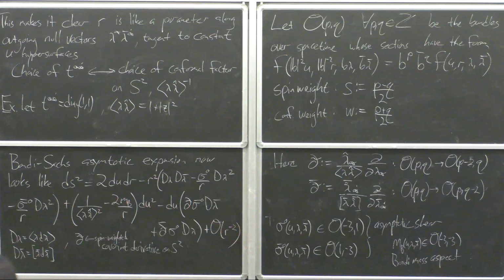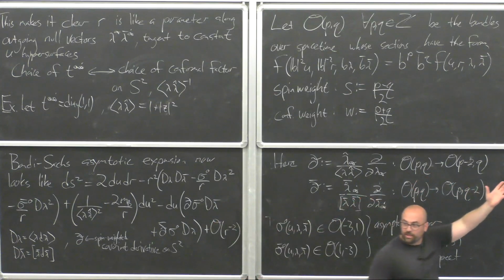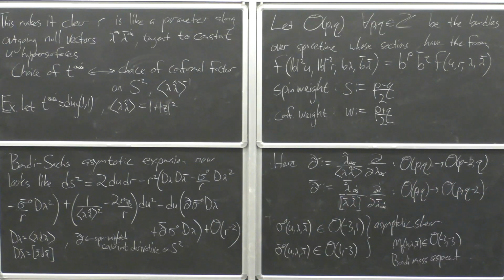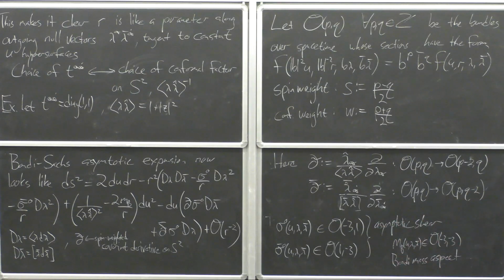Yes? Why do I call it shear? Because it is literally the asymptotic shear of a constant u hypersurface in the large r limit. So it has a literal geometric optics interpretation as the asymptotic shear. Remember, these constant u hypersurfaces are like light cones or generalized light cones.